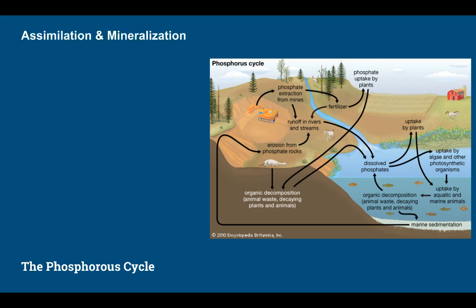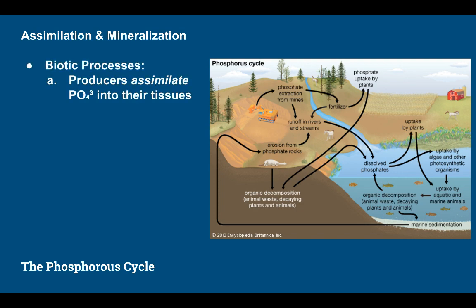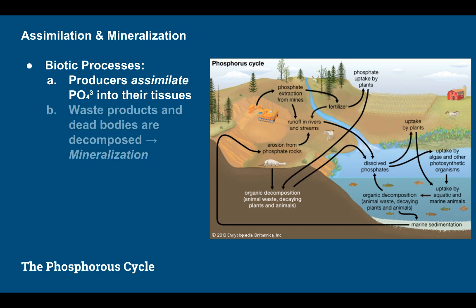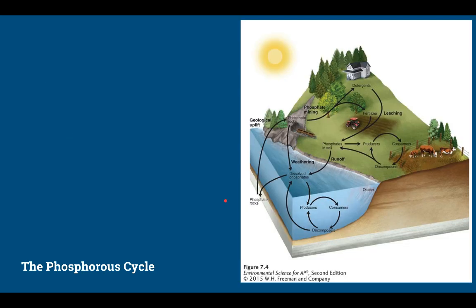So looking at assimilation, what we're looking at is once waste products are decomposed by fungi and bacteria, they'll be assimilated into the rock layers, and that process we call mineralization. Just kind of what happened with nitrogen.